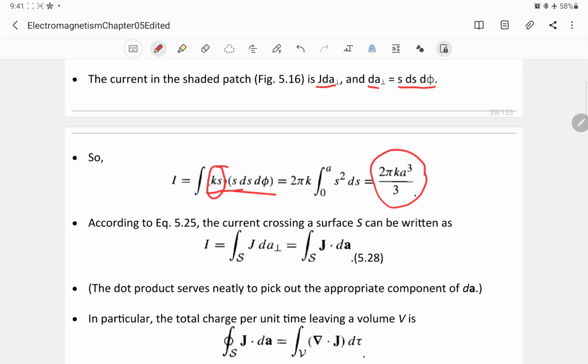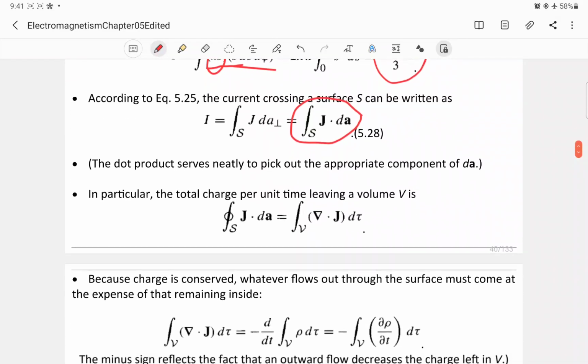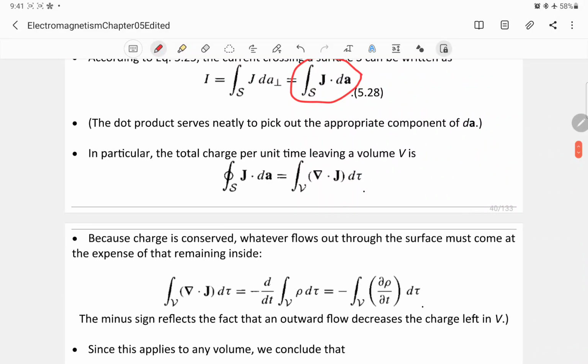According to equation 5.25, the current crossing the surface S can be written as the integral of J dot dA. That's why you have the perpendicular area with the current flow. But this one is also equal to this when we review our lectures in the first chapter. You can also write this expression as this one.